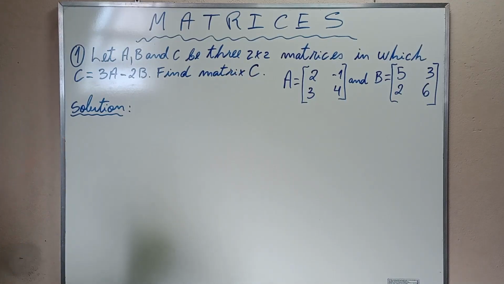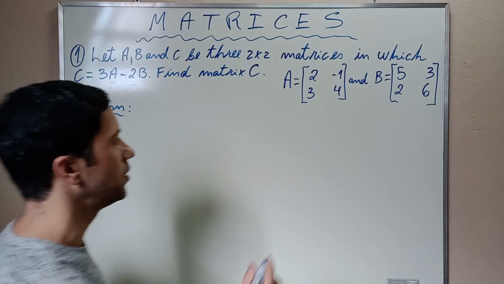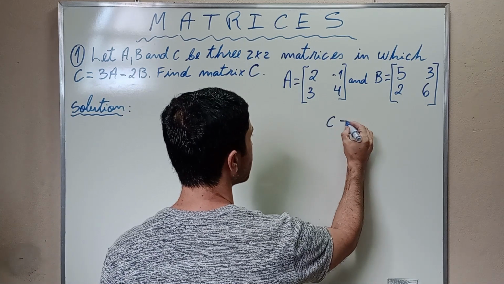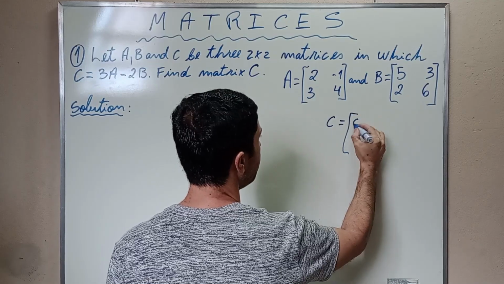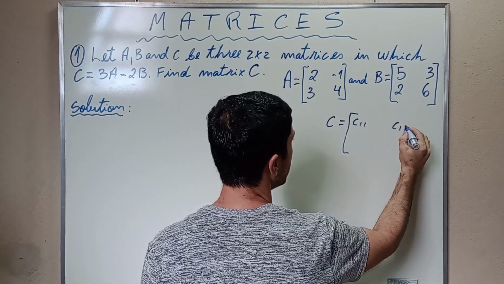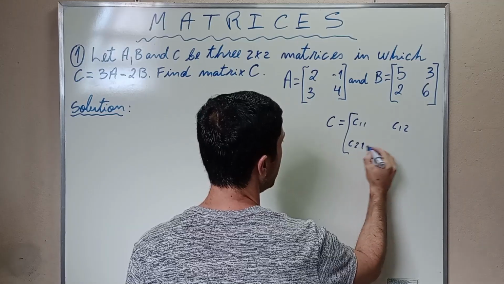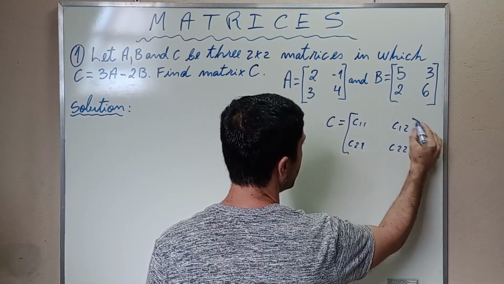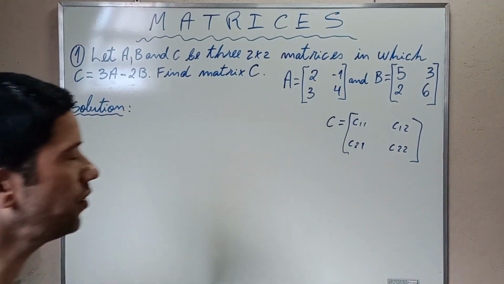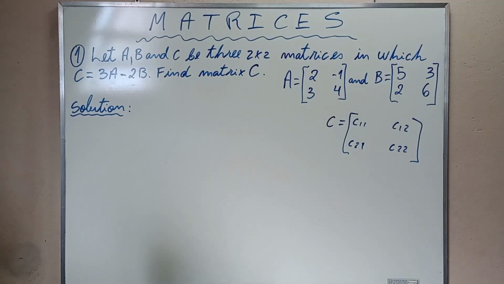Consequently, C will also be a 2x2 matrix. C will be C11, C12, C21, and C22, okay? This is how matrix C is. Let's find matrix C.